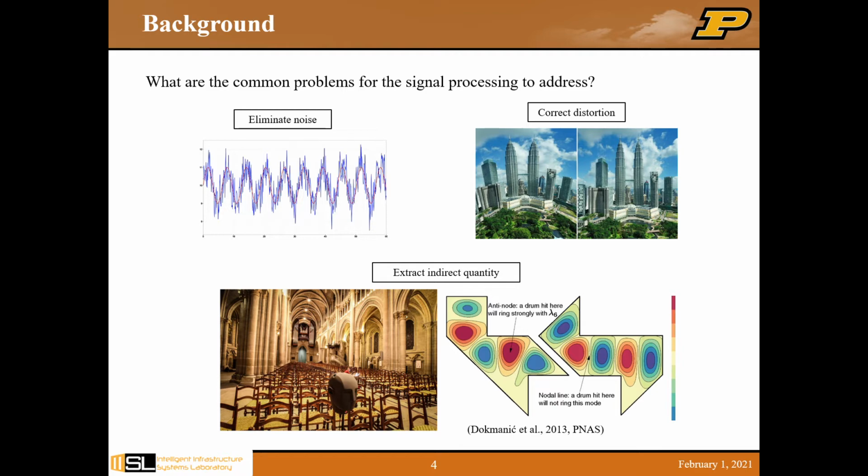The other problem is to correct distortion, right? Imagine you have several photos taken by your phone, but they have distortion, especially in the corners of the figure. Well, we can apply signal processing to correct them.